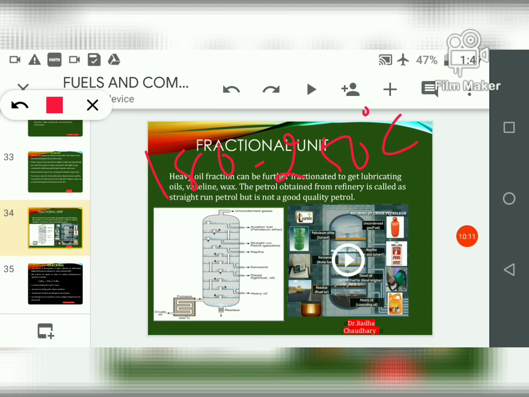It's a mixture of higher hydrocarbons like decane, that is C10H22, to hexadecane C16H34, and it has 84% carbon, 16% hydrogen, and less than 0.1% sulfur.